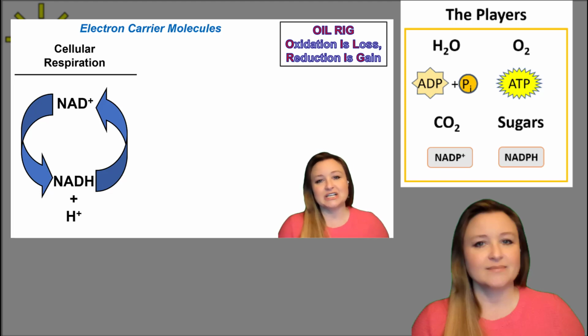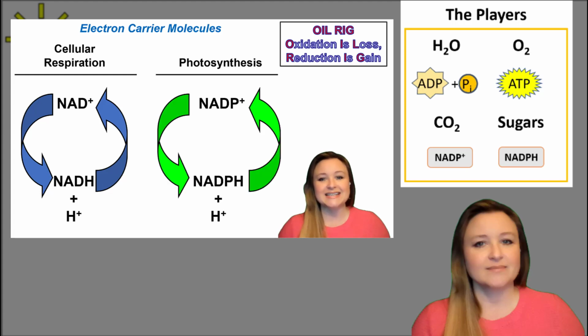Now, we have a similar electron carrier molecule in photosynthesis, and that's called NADP plus. So NADP plus is the oxidized form. It can pick up electrons, and now we call it NADPH. So NADP plus is reduced to NADPH. NADPH can then give away those electrons.